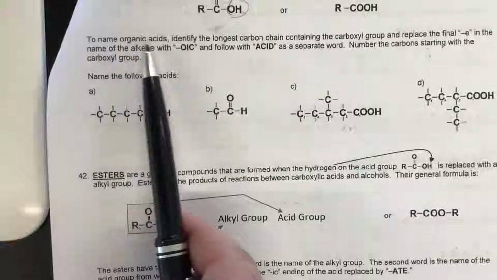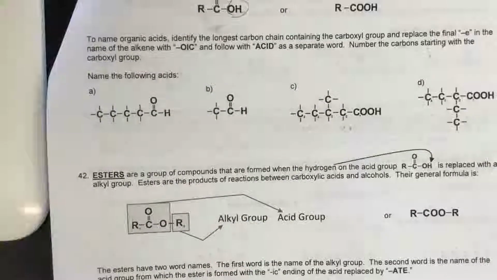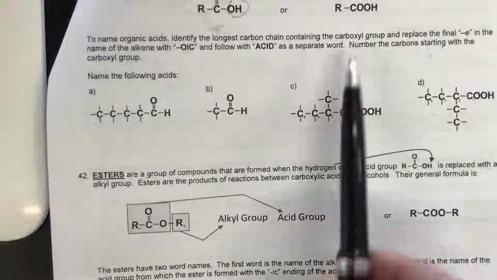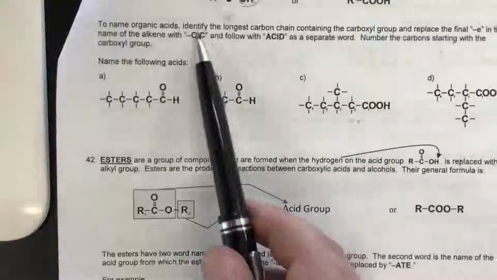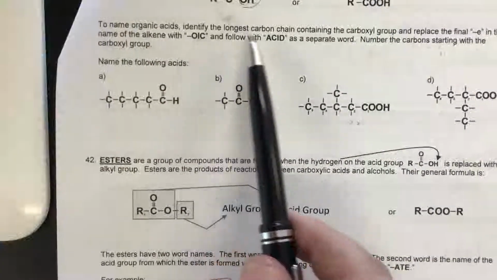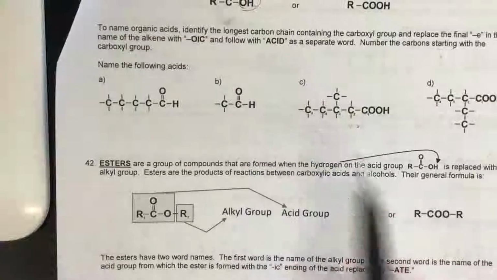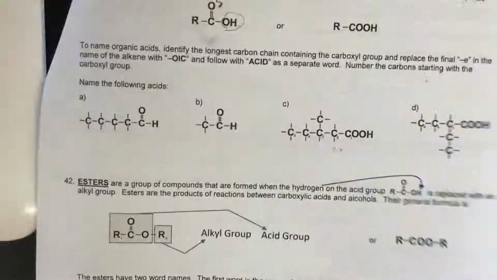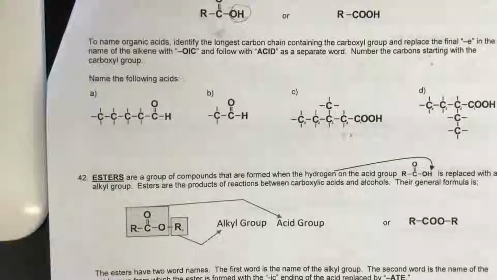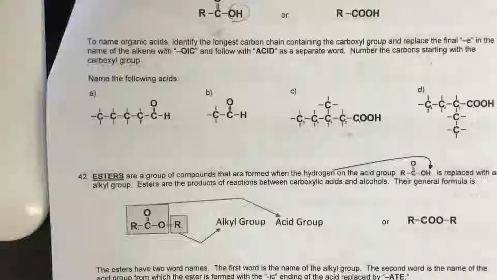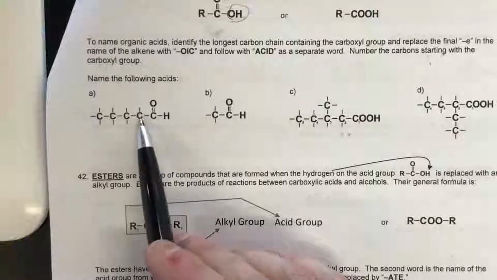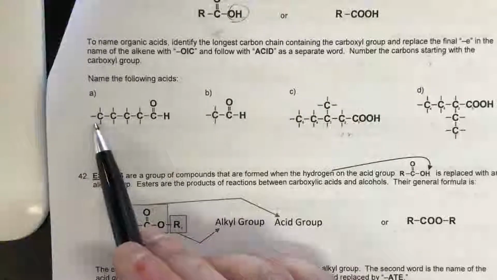To name organic acids, identify again the longest chain containing the carboxyl group and replace that final E with OIC, oic, followed by acid as a separate word. Number the carbons starting with the carboxyl group. So starting with the carboxyl, this becomes 1, 2, 3, 4, 5.